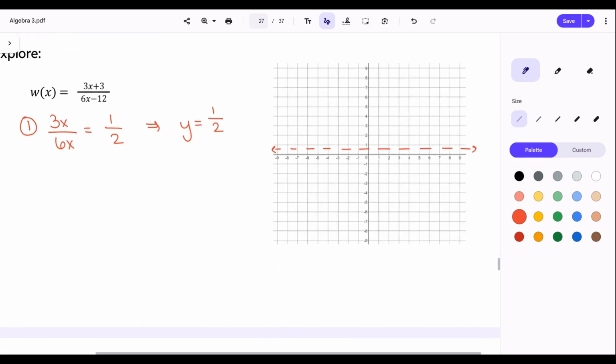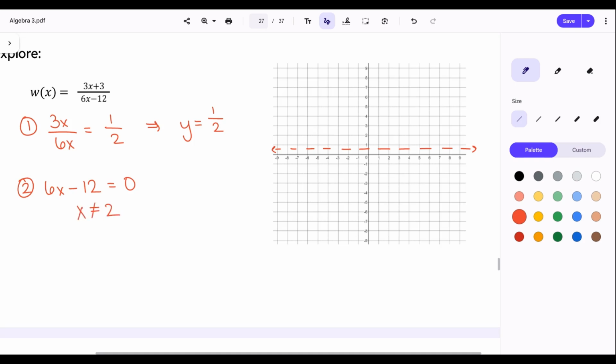So that was for my horizontal. Now let's do vertical. Vertical is when you set the bottom equal to 0. If you guys set that equal to 0 and you solve for your x, what do you get? 2. So x cannot equal 2.